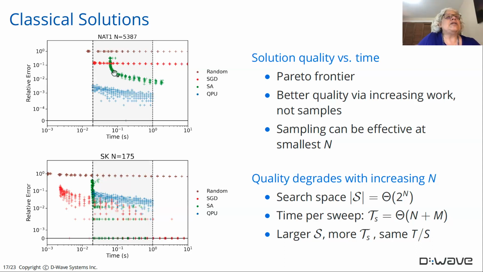So each sweep takes more time, and they've got the same amount of total time, so they can perform fewer sweeps per unit of time. And that would completely explain it. It explains both why the start times get higher, and why convergence is slower on big problems than on small problems.